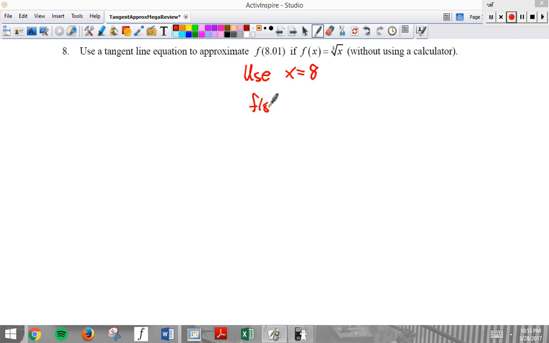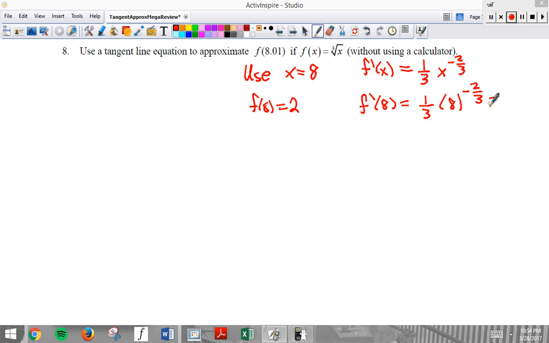F of 8 would be 2. F prime of x should be 1/3 x to the negative 2/3. F prime of 8, 1/3 8 to the negative 2/3.